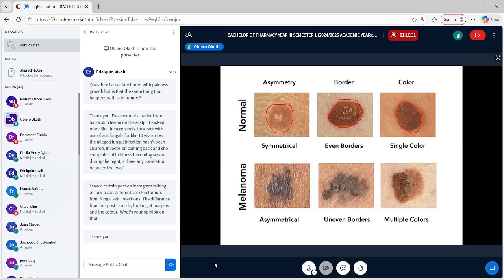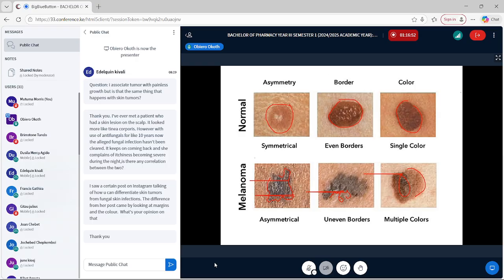Even the borders are not very clear. You see some ruggedness over there. Yes, the borders are very irregular. Some of it is here. And even the colors here look slightly darker. This one looks slightly brownish. That's what we are calling it, variegated. So if I see this, then I'm worried that I'm dealing with melanoma.